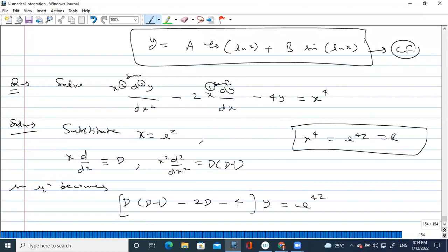That will be my equation now. Okay, now we can simplify it. It will become D square minus D minus 2D minus 4 into y is equal to e to the power 4z. Okay, so note down it first.